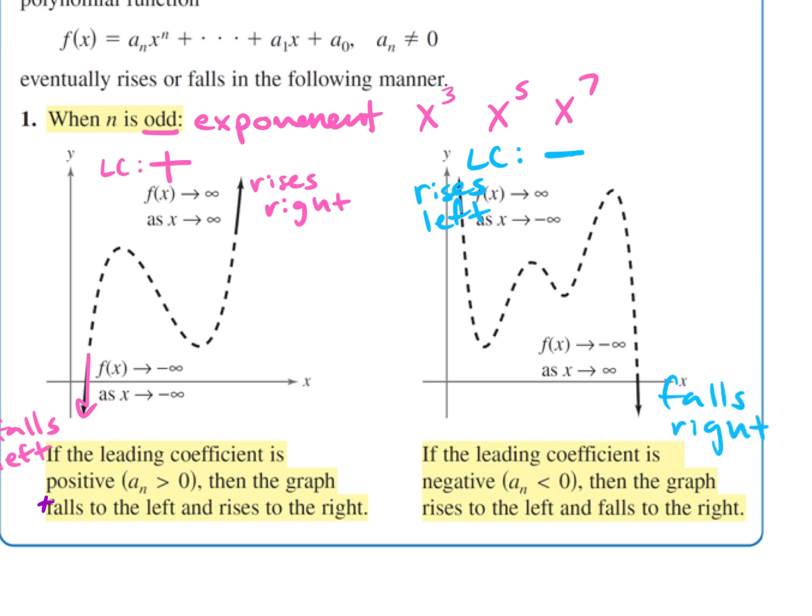I would always suggest, because I think that it's easier, draw the arrows and then figure out if it falls left, rises right, whatever it may be. So draw the arrows first, and then if your right arrow's going down, it's going to fall right. So draw the arrows, then put the words with it. Sometimes people will get the words mixed up. Just draw the arrows and you can figure out which one's which.